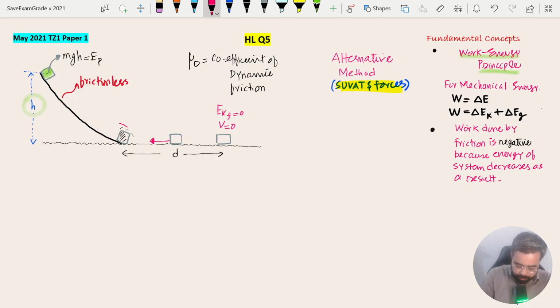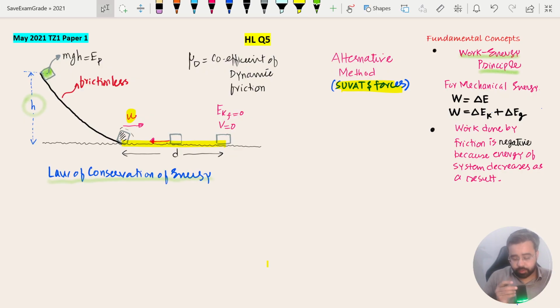And what is the initial kinetic energy at this point? If you want to find it out, you should first calculate the velocity at this point. I'm writing it u because this is the initial velocity for this path. So let's apply the law of conservation of energy to find this velocity. Either you can say the sum of all energies at this point is equal to the sum of all energies at this point, or you can say loss of potential energy is equal to gain of kinetic energy.